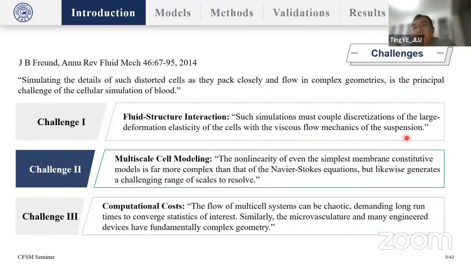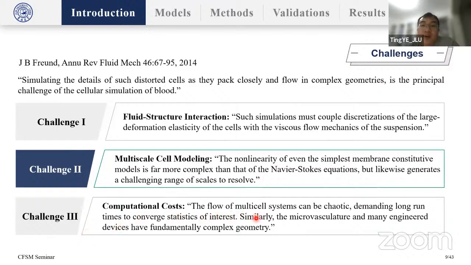cell exterior. And the second challenge is multi-scale cell modeling. Fred said the nonlinearity of even the simplest membrane constitutive models is far more complex than that of the Navier-Stokes equations, but likewise generates a challenging range of scales to resolve. The last challenge is to save computational costs.